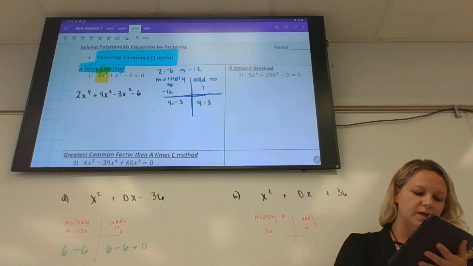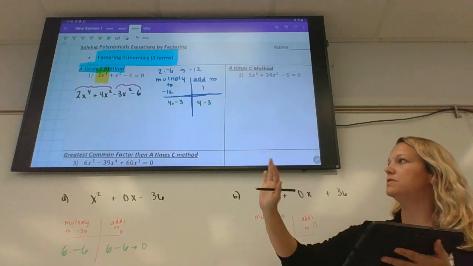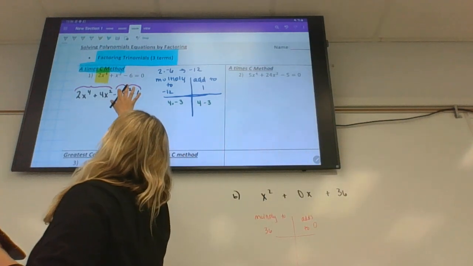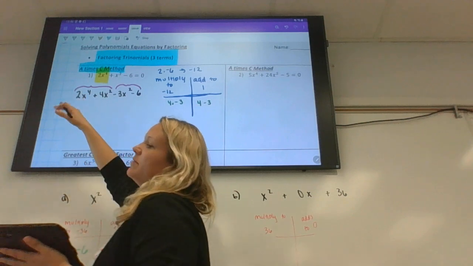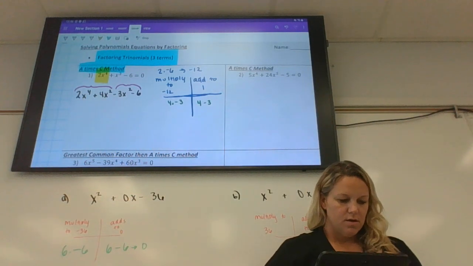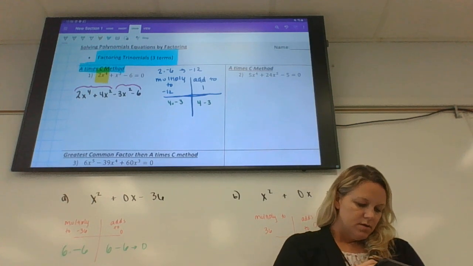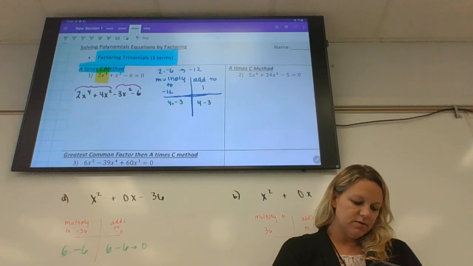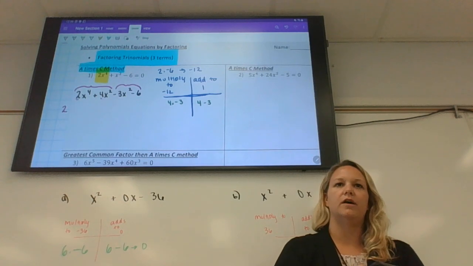And we'll do the grouping. Kind of cover up 2 terms. Take a GCF, cover up the other 2. Take a GCF. So looking at these first 2 numbers, they both divide by 2, and they both have x.